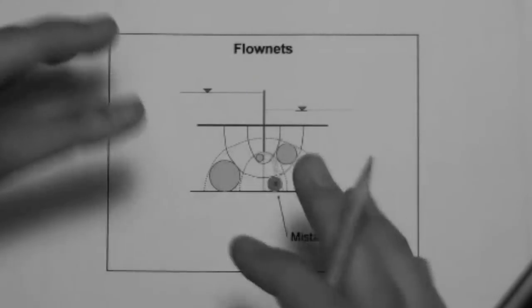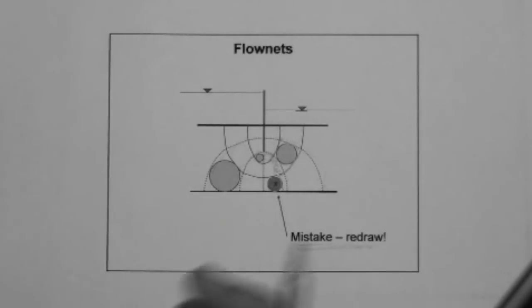So then you have to essentially play around with the flownet until you get some very deep insight into your particular problem, and then you end up with a properly drawn flownet.